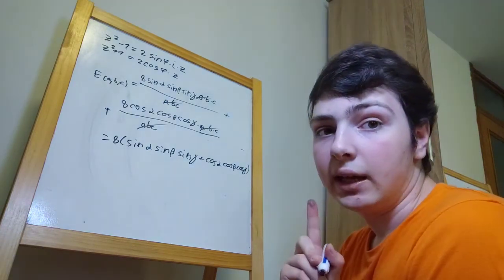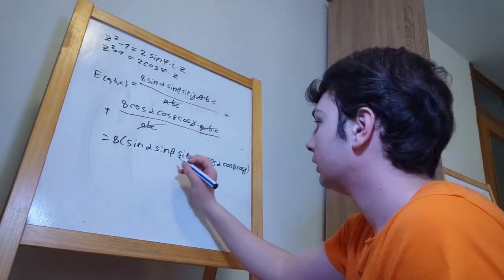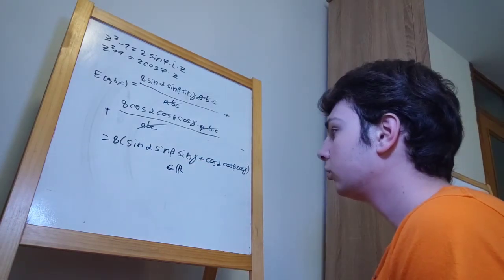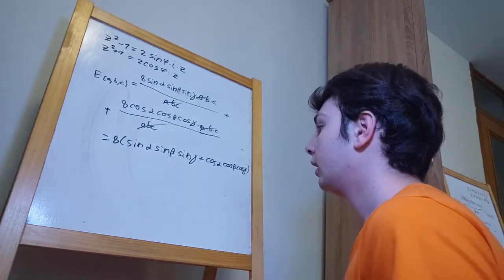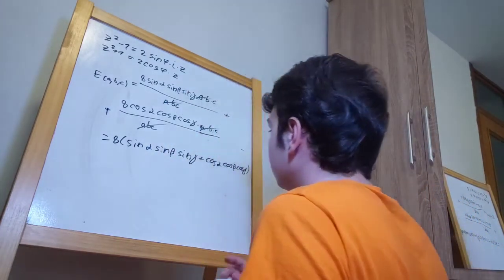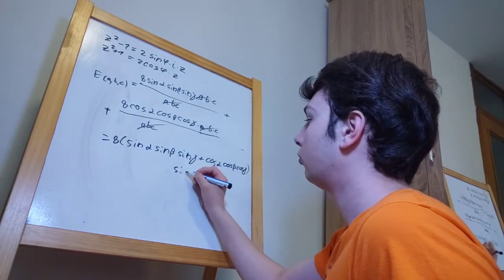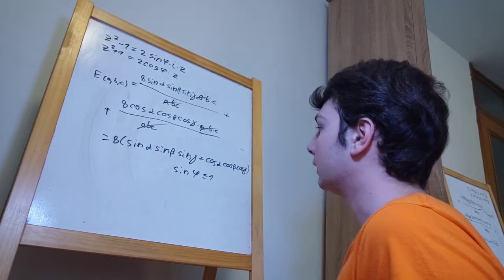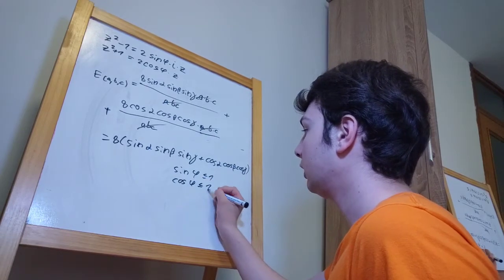Alright, and we have to do one more thing. Since this number is a real number, we now have to prove it's smaller than or equal to 8. And we'll do this the following way. Notice sine of phi is always smaller than or equal to 1, and cosine of phi is smaller than or equal to 1.